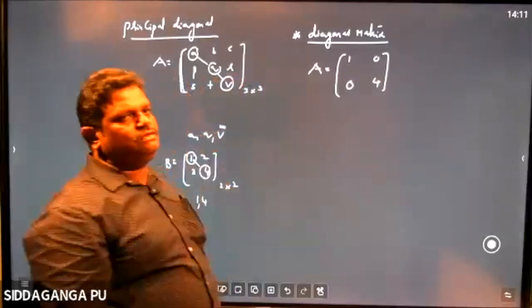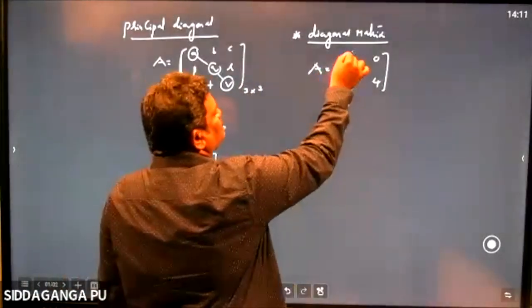Now in this matrix, what is the principal diagonal? This one is the principal diagonal.